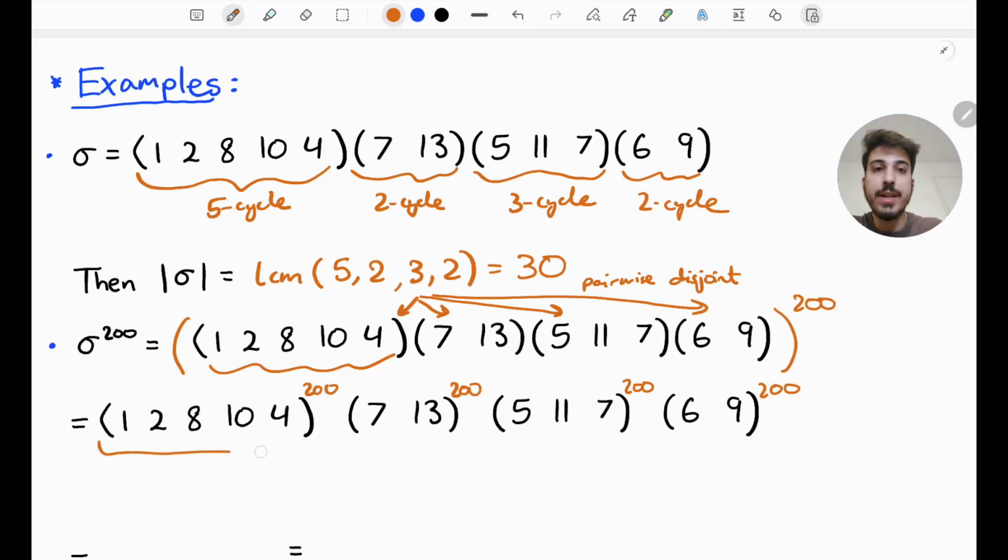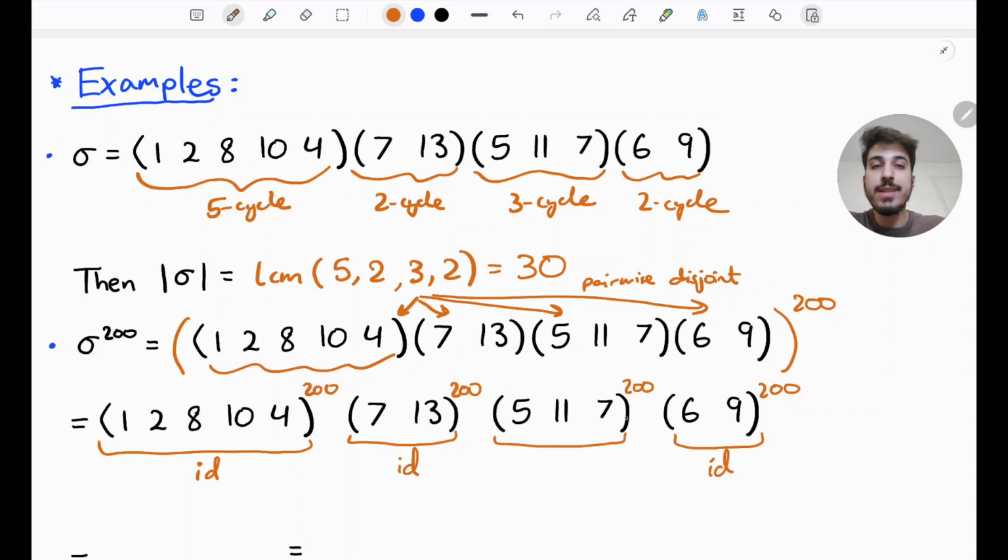So this is in fact all equal to the identity element. Okay, so that is already very greatly simplified. That's just the identity. Now this is a 2 cycle, and 2 is the order of this element, and 200, the power, is divisible by 2. So that's also the identity. This is also the identity as well by the same argument.